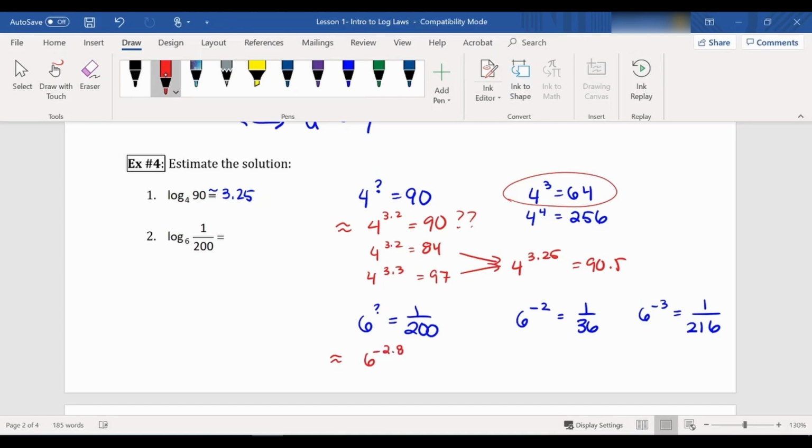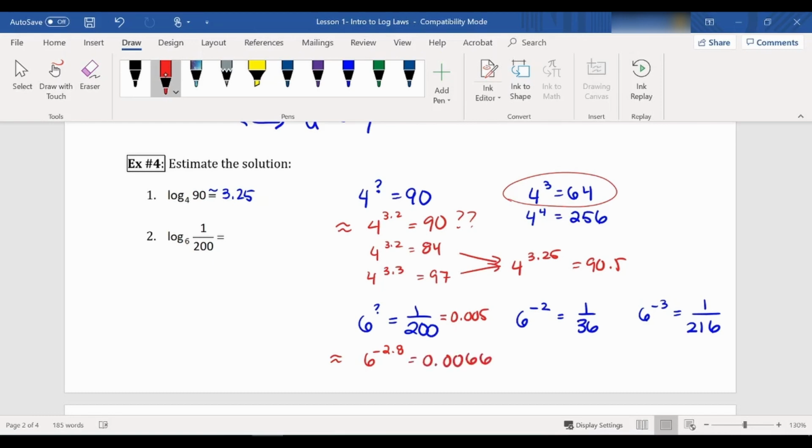And if we try that on our calculator, now the problem is going to be with the way most of your calculators work, this would give you a decimal answer if you do this. So it might be helpful to figure out what is 1 over 200 as a decimal. We get 0.005. That's what we're trying to get close to. So if I do 6 to the power of -2.8, I get 0.0066.